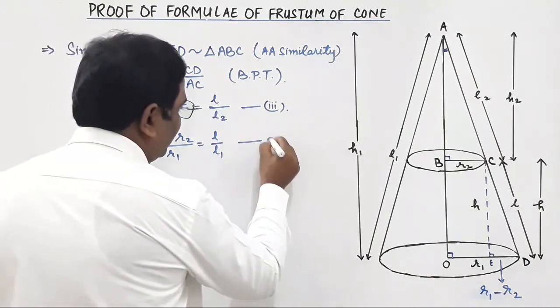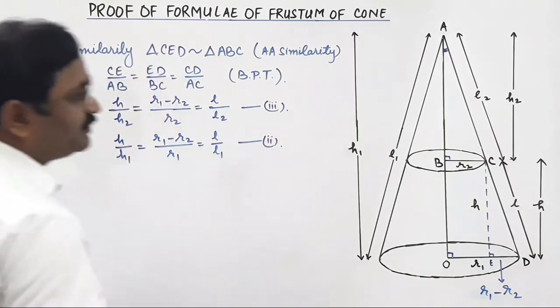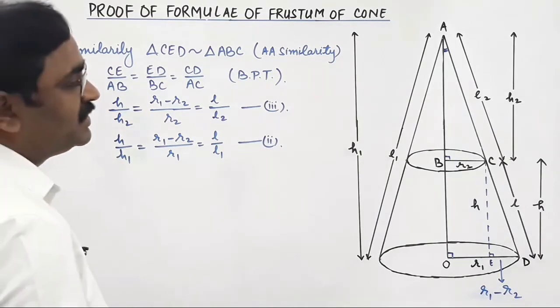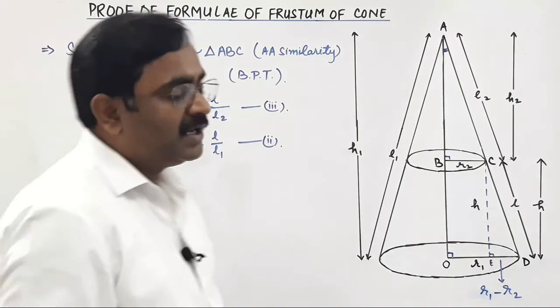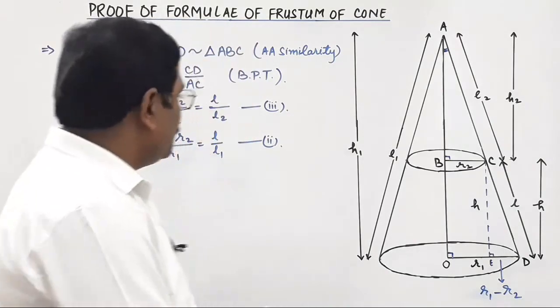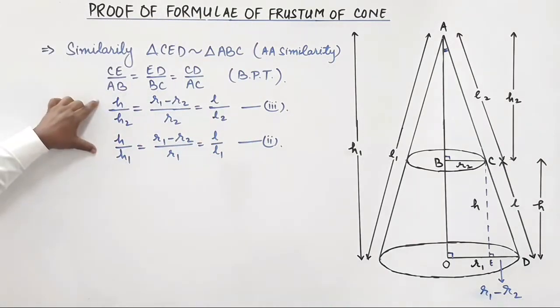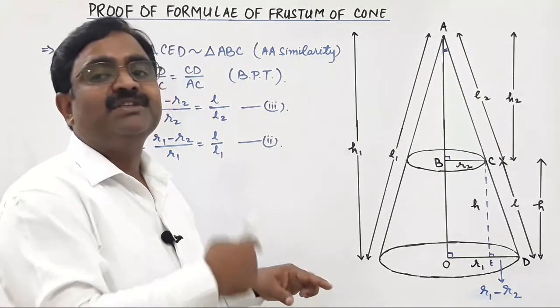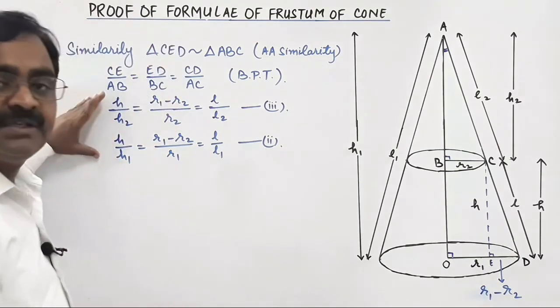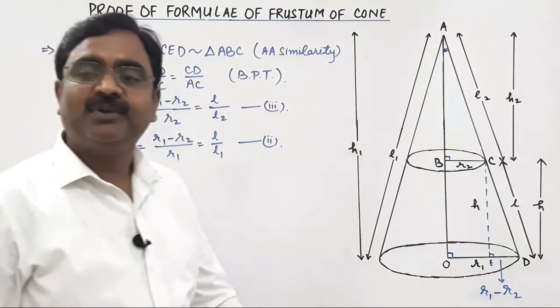It was the second equation, and the first equation was H2 upon H1 equals R2 upon R1 equals L2 upon L1. So these two equations are very important. Wherever required, we have to use these two equations to prove our formula.